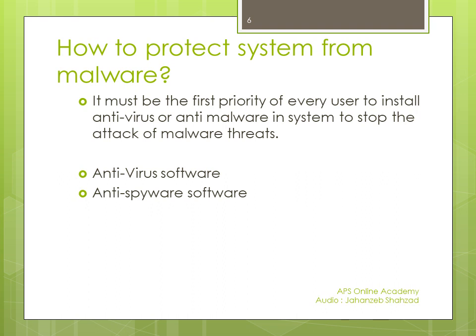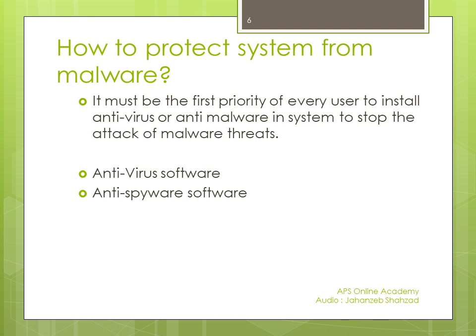So how do antivirus or anti-spyware work? Basically, when we install antivirus software or anti-spyware software, they work in the background and scan every file and every folder. Whenever you open any program, it will scan that program before running it.